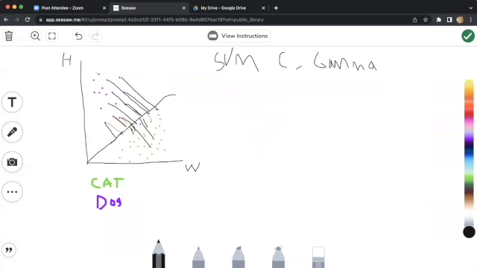So we may draw something, let's make this gray so it looks a little more distinguishable. We may draw something kind of like this, trying to get every single data point right.